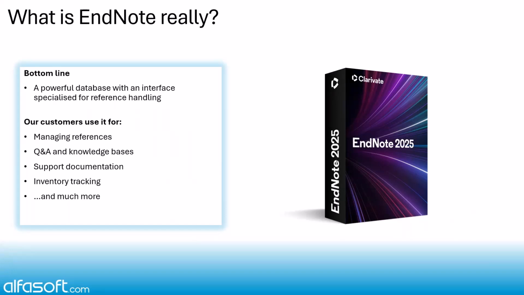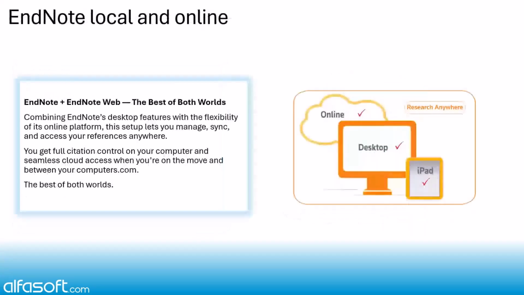It is a database for all sorts of organized information. And with EndNote, you get what we usually say is the best of two worlds. When you buy an EndNote Desktop license, you get an EndNote Web, or EndNote Online premium, account that you can use.